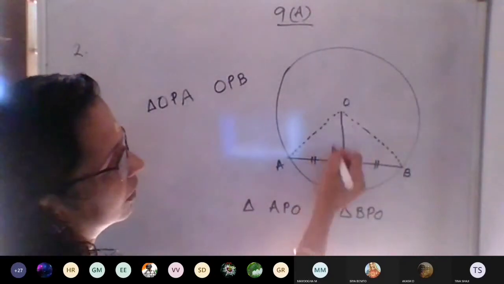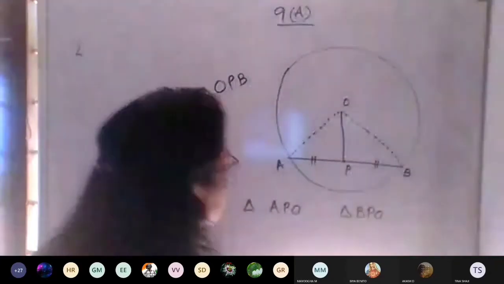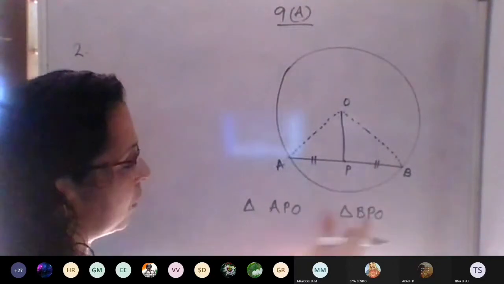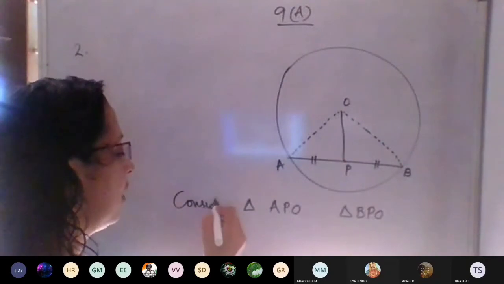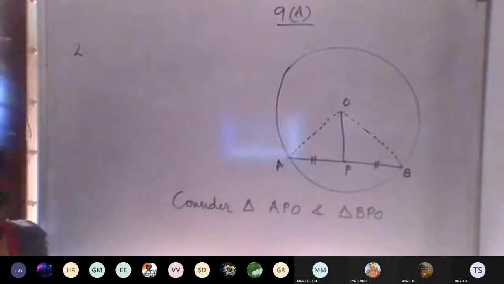So consider triangle APO and triangle BPO. Given what?